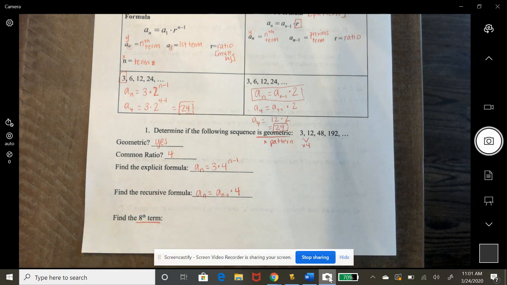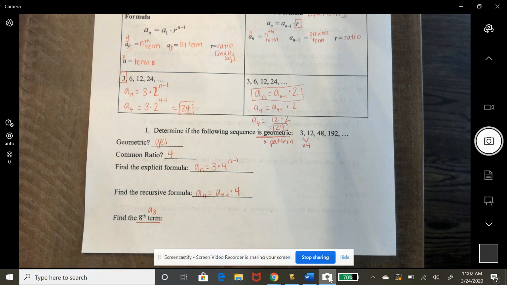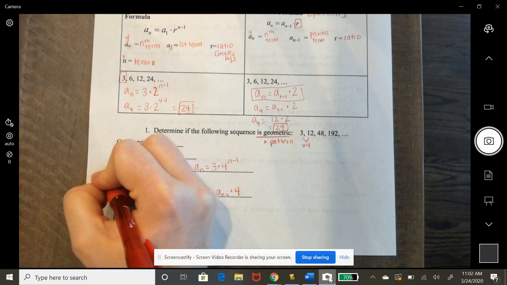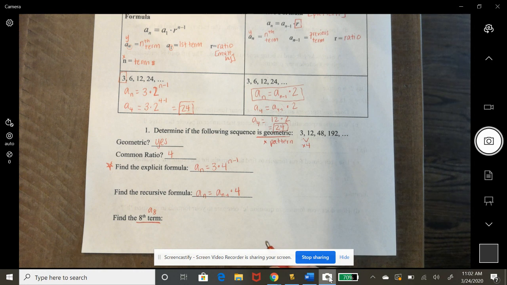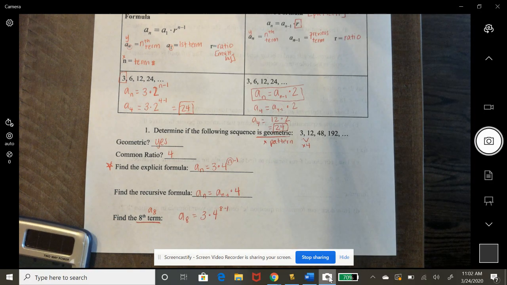Now if it asks you to find a specific term, so it says find the 8th term, they could ask that by saying find A_8. That means the same thing. You want to use your explicit or your closed formula to find that. That's where we're going to plug in a value for n. So A_8 equals 3 times 4 raised to the 8 minus 1, or you could go ahead and put to the 7th power.